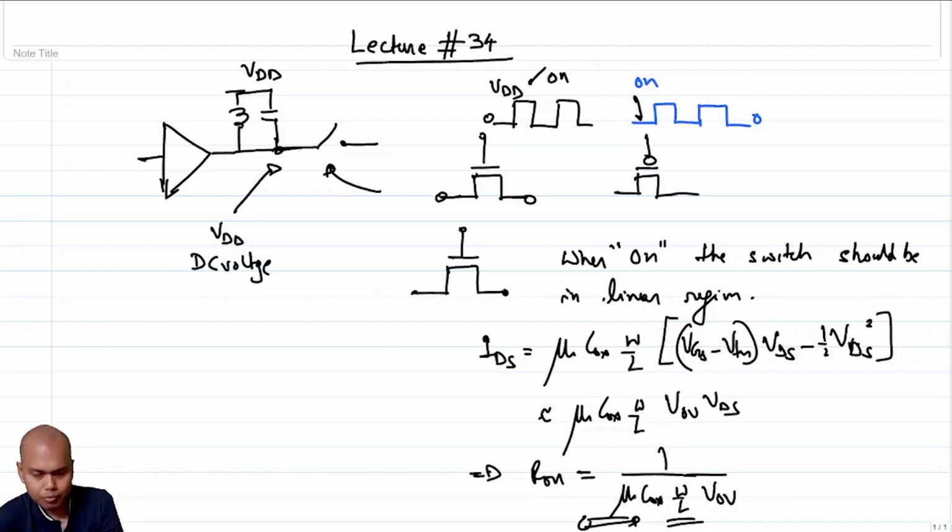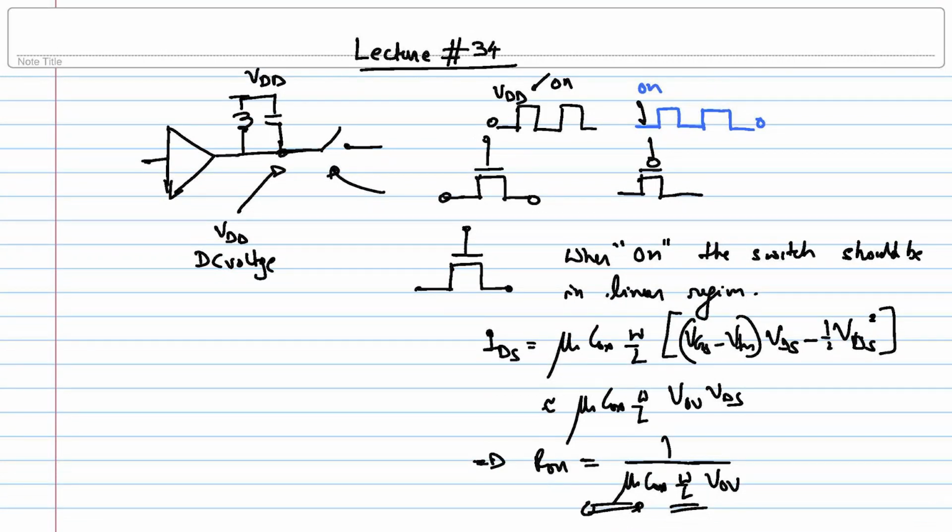But having said that, you might say, what's the problem if I simply increase W by L? Yes, if you simply increase W by L, it is possible to reduce the on resistance of a PMOS transistor also, but you have to pay because there is a capacitance associated with increasing the W, right? The moment you increase the W, you make the transistor bigger, which means there are clock drivers which are driving the mixer switches.